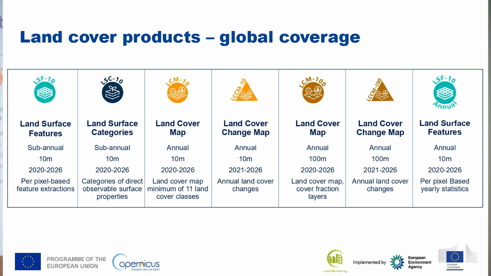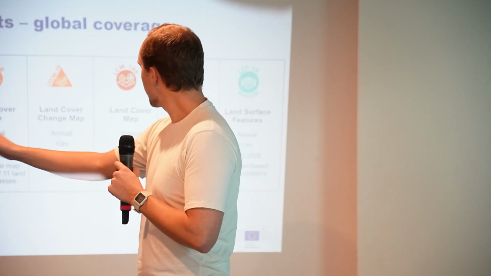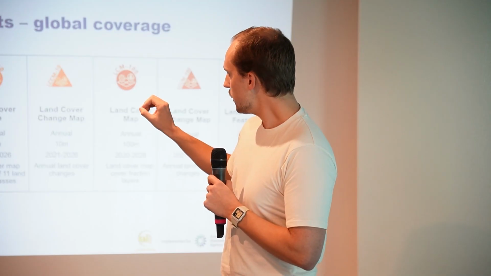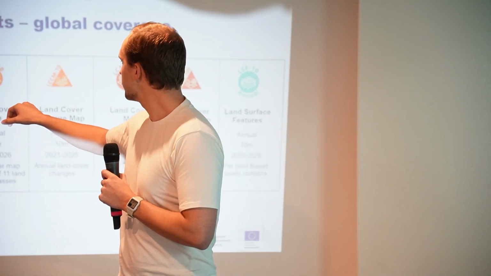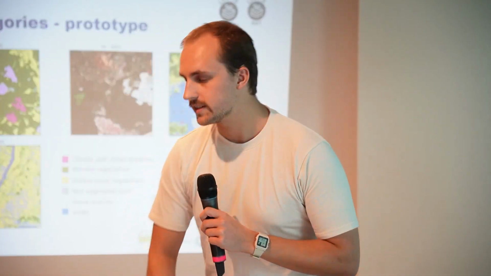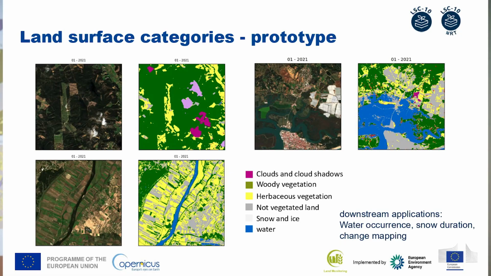So these are the 7 main features that we'll be publishing. We have the land cover maps, land cover change maps, both on a 10-meter and 100-meter resolution. These are annual. But we've also introduced a new category, which is the land surface categories. These are monthly based categories, and we'll divide the land into a rough 6 classes.